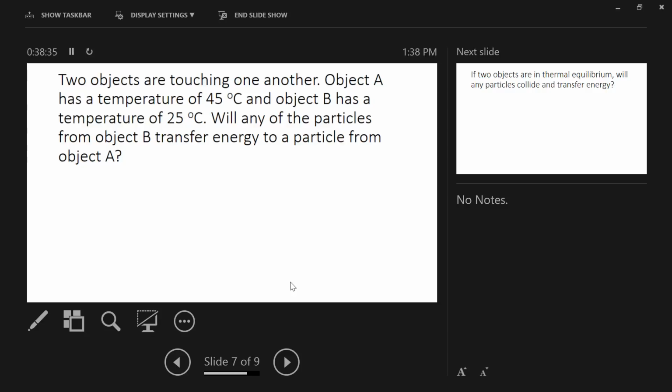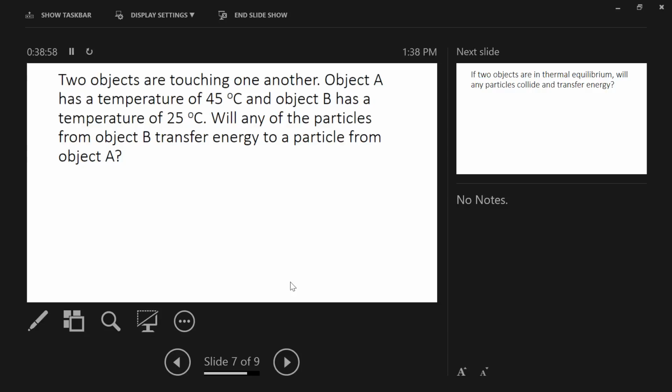So will there be some particles in object B, the colder, that have higher kinetic energy than a particle in object A? Almost certainly. Is it conceivable that that wouldn't be the case? Yes, but that would be really strange, right?